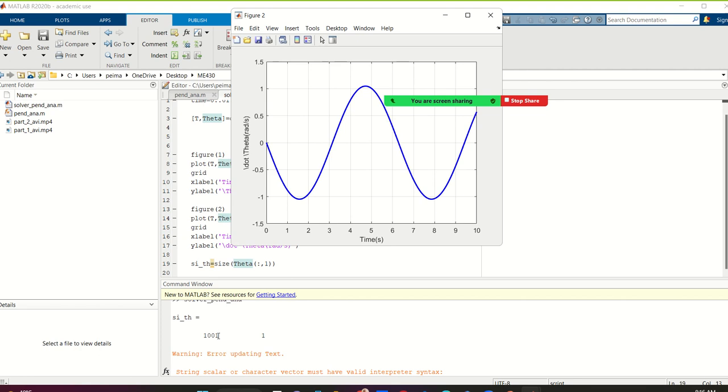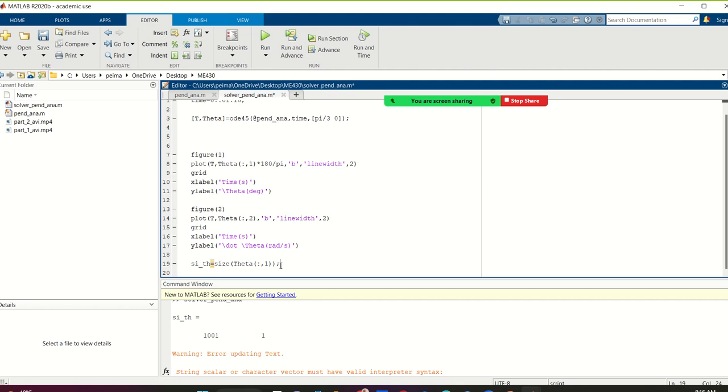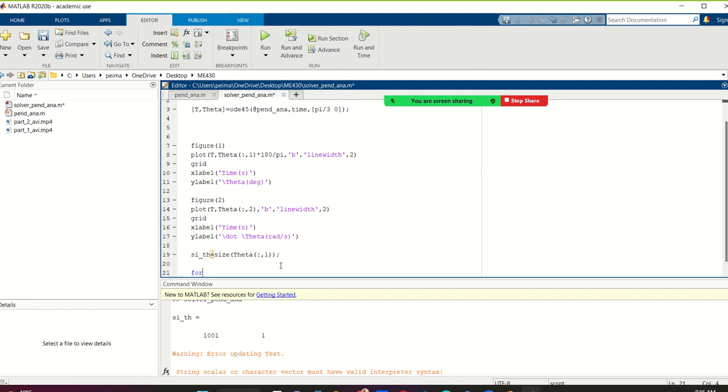Okay. So by having this, I'm going to develop a code. I'm putting a counter. First element of that and first element of this vector. So I'm going to say the size of theta, but which element first?